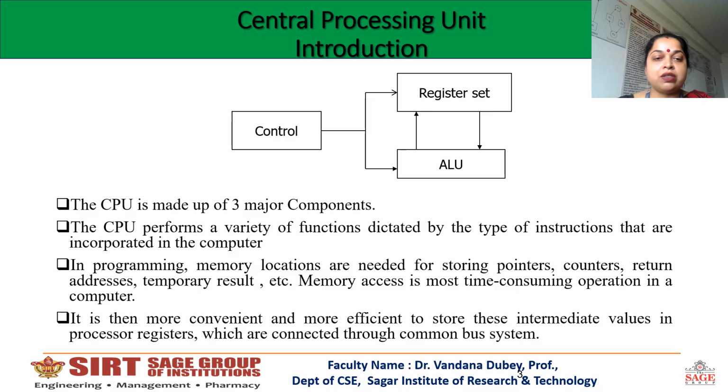The CPU consists of three major components which work together to execute instructions efficiently. These components are the arithmetic logic unit, that is ALU, the control unit, that is CU, and the memory unit or registers. Each of these plays a vital role in ensuring the smooth execution of a program.